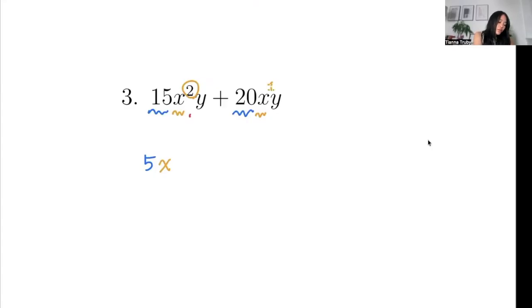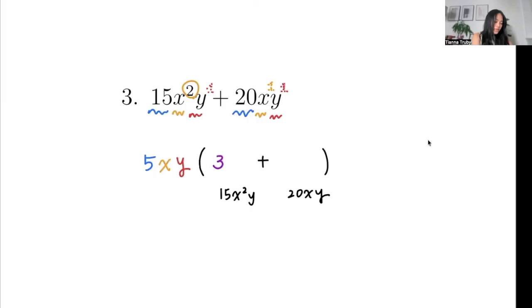Now we're going to look at our Y's. We have 1 Y here, and we have 1 Y here. So we can pull out a Y as well. We're going to draw our parentheses, keep the addition between, and figure out how to get back to our original problem. So 5 times 3 would give us our 15.